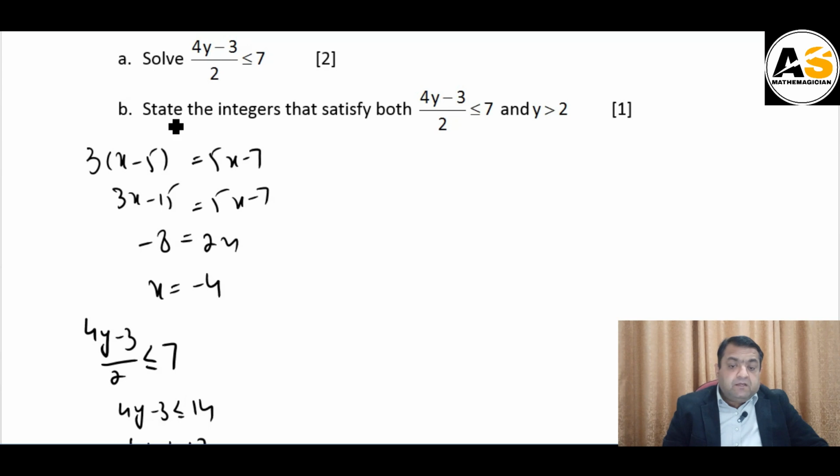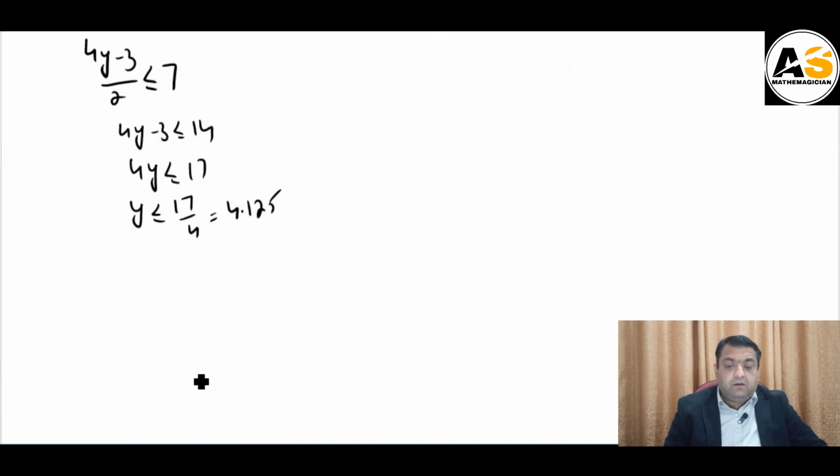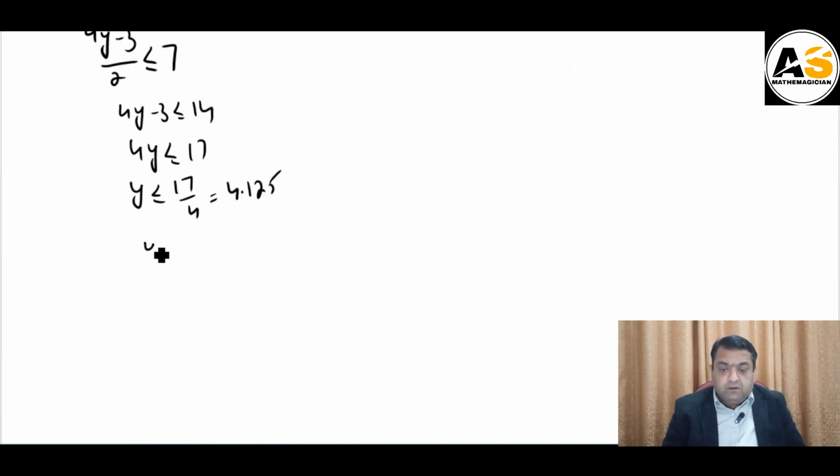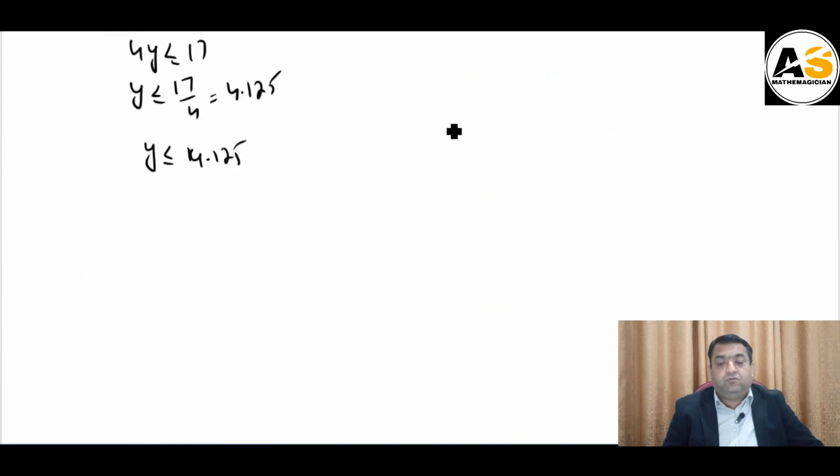Second part, state the integers that satisfy this inequality which we have just solved, and its solution is y is less than or equal to 4.125, and the second inequality given is y is greater than 2. Y cannot be 2.